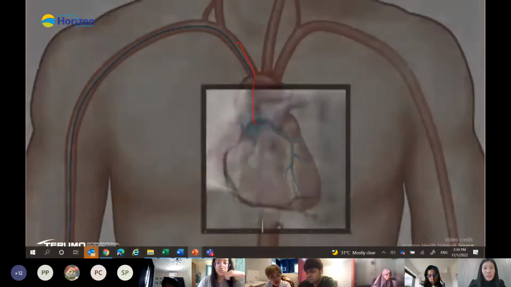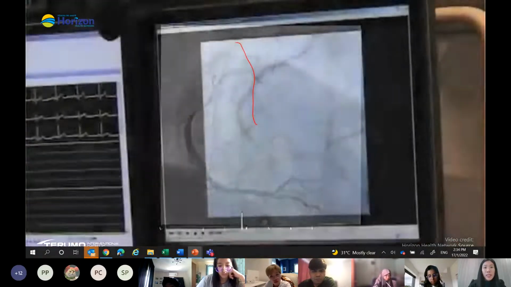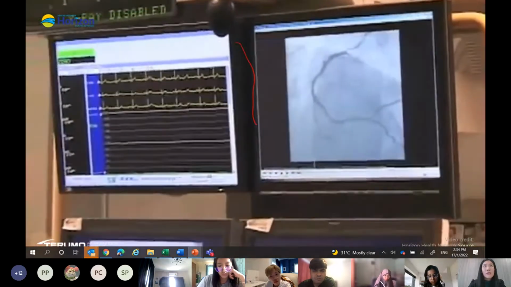With this contrast media, you'll be able to take images of the blood vessel. Once you take the images, you'll be able to analyze whether there's anything wrong with the vessel by looking at how smooth it is. If it's not smooth, this vessel may have something wrong.